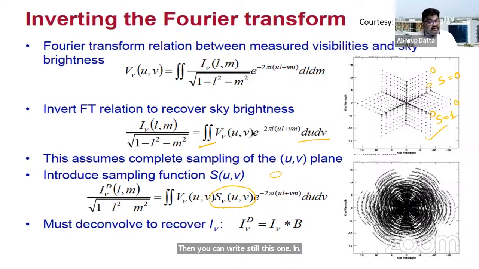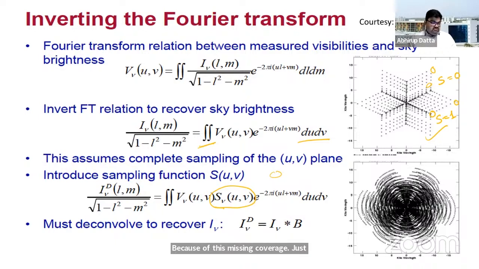So ideally, we would have loved the coverage in the UV plane to be continuous and complete. But because it is not, we don't have an ideal response for the sky brightness. What happens is even a fixed compact source appears like a sinc function, and we'll talk about it, because of this missing coverage in the UV plane.